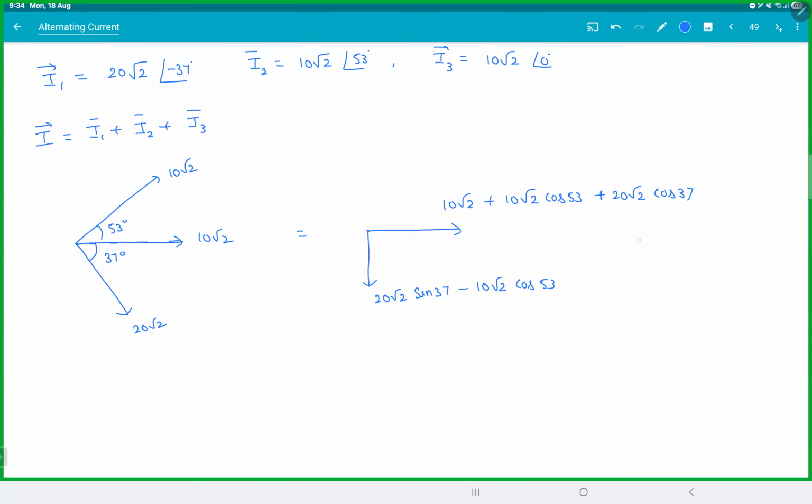How much is this? Take out 10 root 2 common: 1 plus 4 over 5 plus 8 over 5, that's 12 over 5, so 24 root 2.